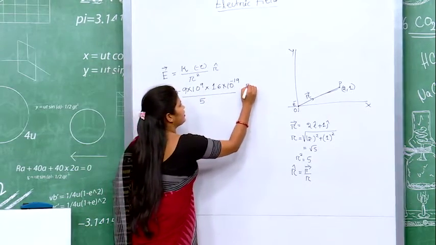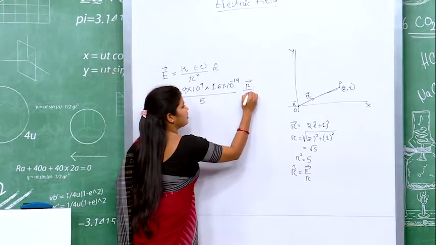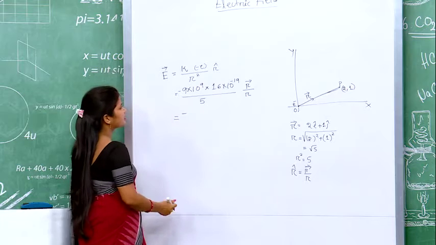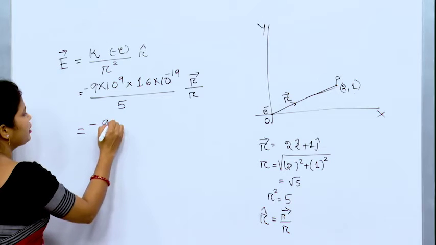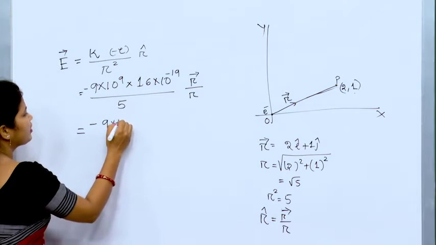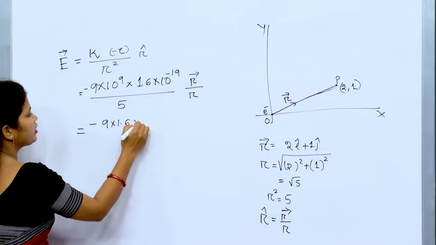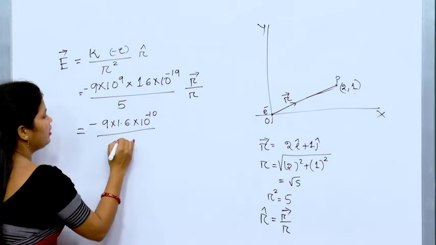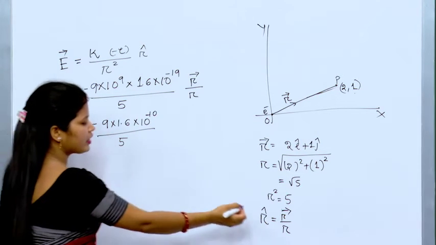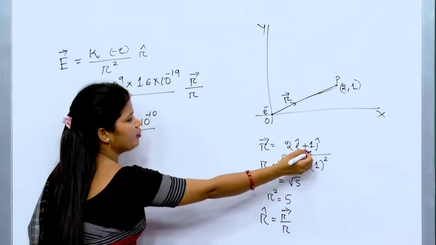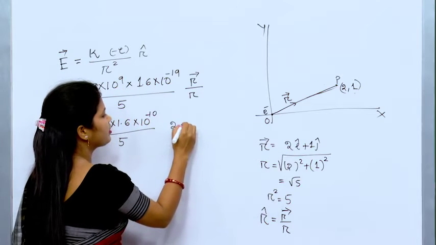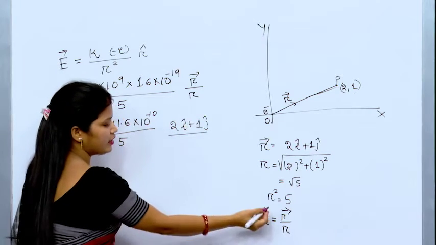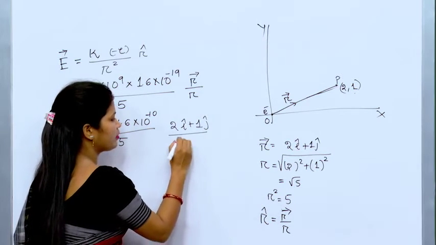So, I can write here R vector upon R. So this will be equal to minus 9 into 10 to the power 9 into 1.6 into 10 to the power minus 19 upon 5, R vector here 2 i cap plus 1 j cap, divided by R, here root 5.